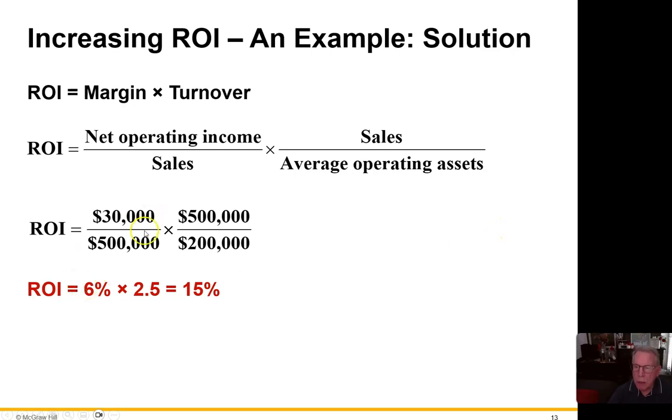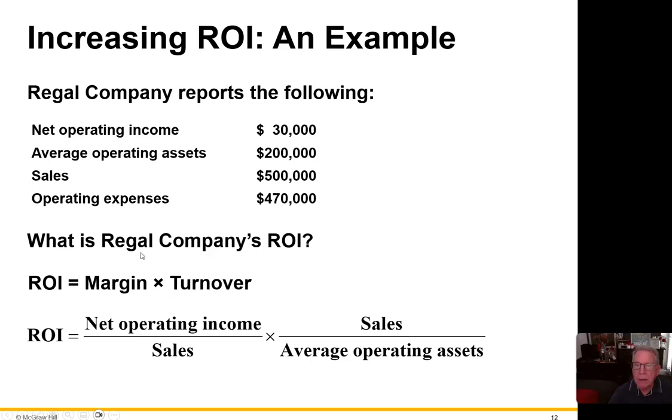we'll take 30,000 divided by 500,000. Let's go back. Here's the $30,000 net operating income divided by sales here. And then we'll multiply it by sales, 500,000, divided by the average operating assets, which are here.